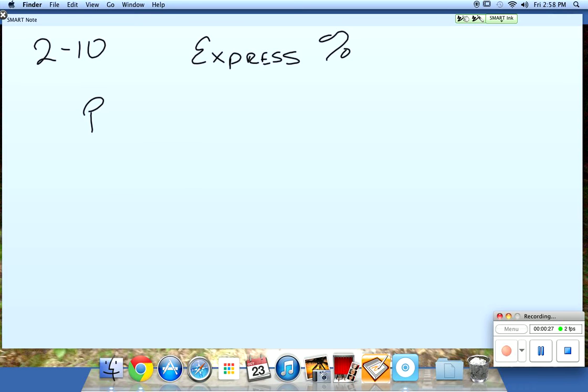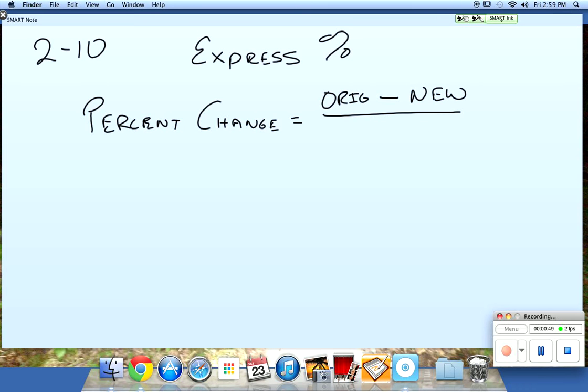First is percent change. Percent change is going to be your original amount minus your new amount divided by your original amount.